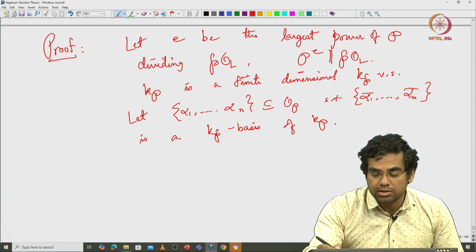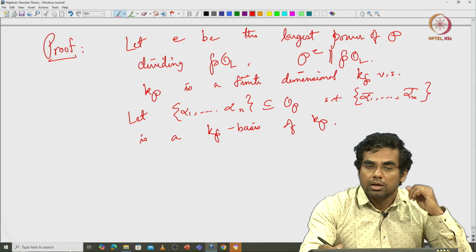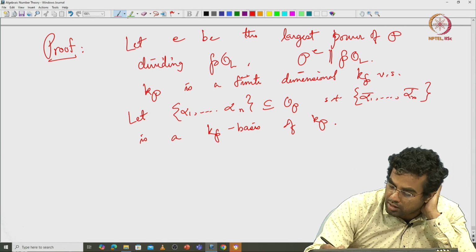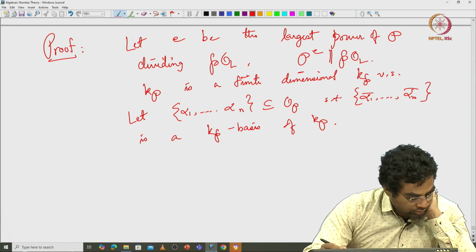I can take any basis of K sub capital P and lift it to elements of O_P, and that is how I get these elements.